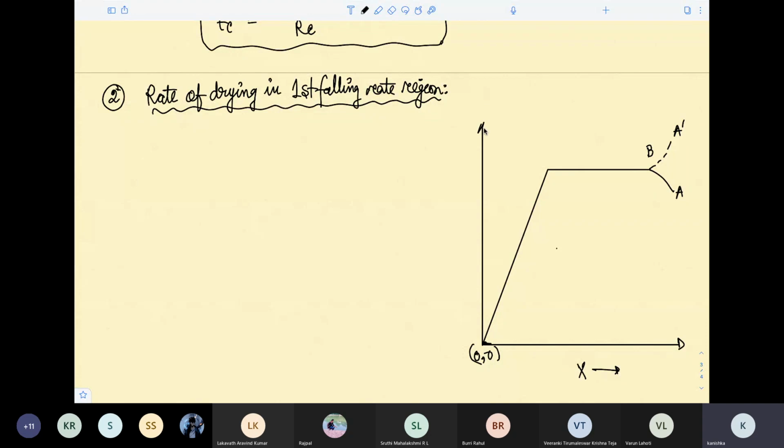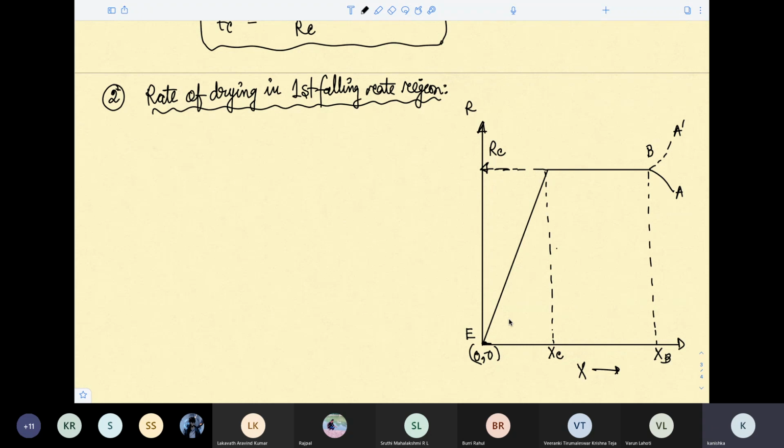Here we have R. So this is RC, XB, XC, and E. This is the final point E. That means we are just assuming the falling rate only follows the first falling rate region. There is no diffusion controlled drying.